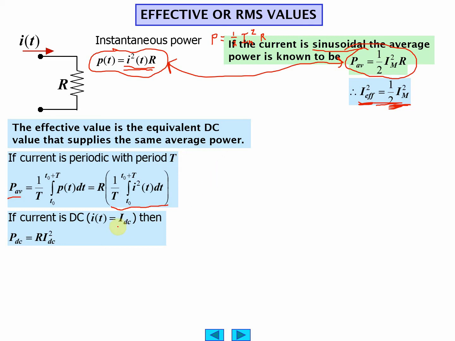For DC, if I is a constant, then it's pretty easy to see this is R I DC squared. I effective is I DC. Here's another way to express it.